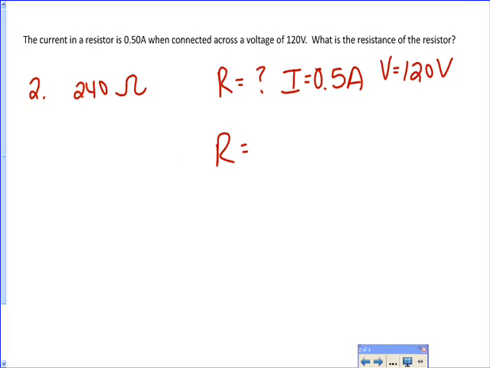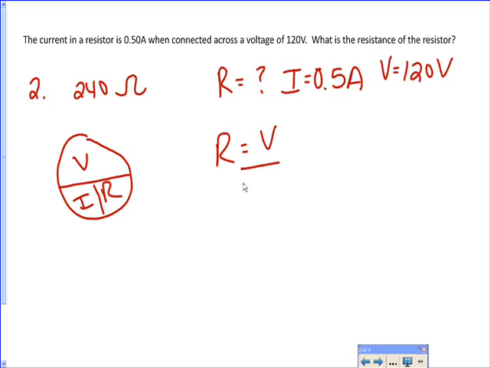Now, R, let's go ahead and draw our circle again. We have I and R together and V by itself, or next to each other, and V on top. So we have R equals V over I. And when we fill in our numbers, it's 120 volts divided by 0.5 amps.